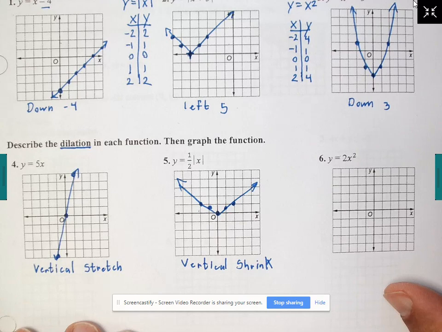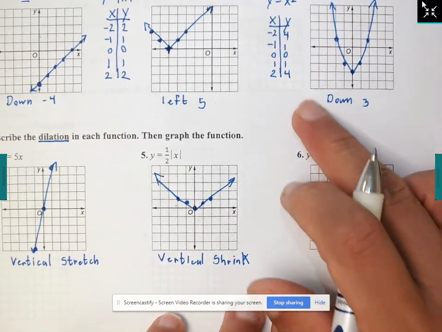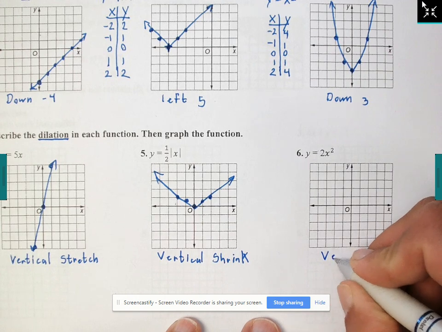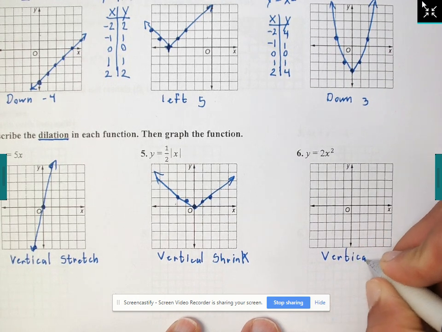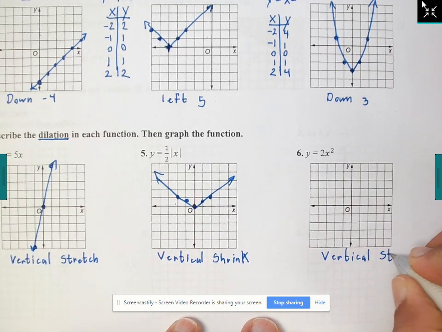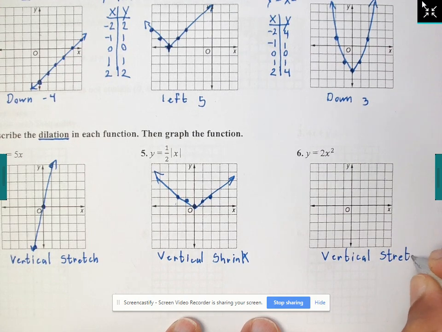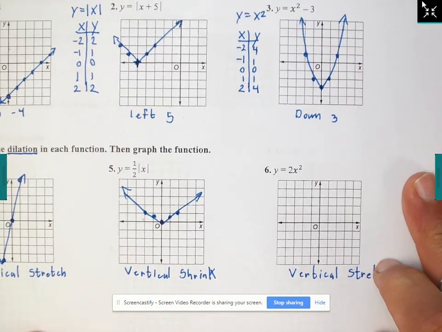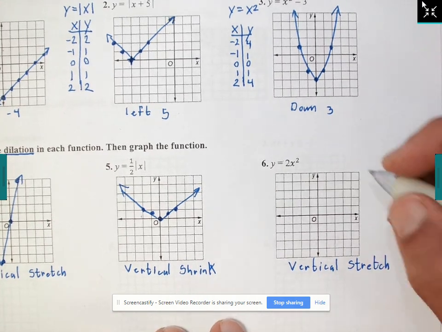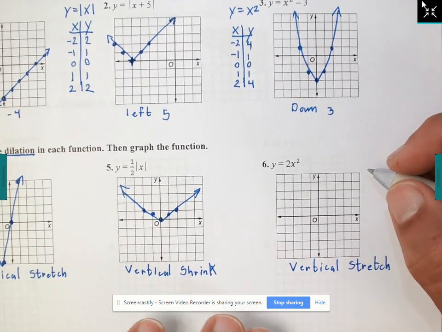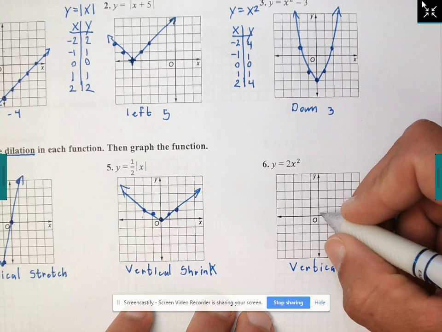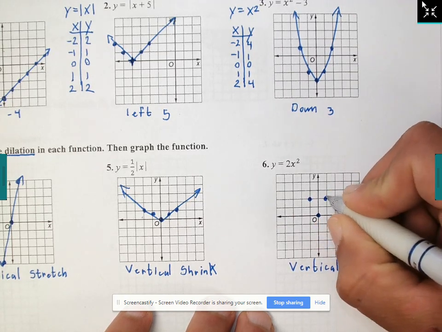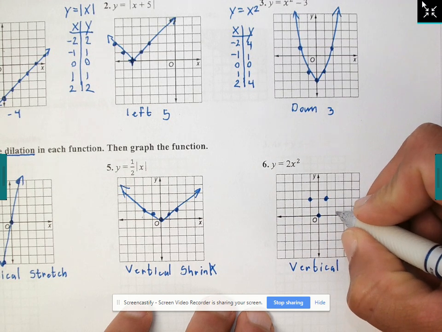And then finally this one right here. Is the number bigger than 1 in front of it? The answer is yes. So this is going to be a vertical stretch. And if you just want to write in your homework stretch and not vertical stretch, that's fine for Algebra 2. Down the line in pre-cal, you might have to do other stretches that are horizontal, but I guess you'll find out when you get there.